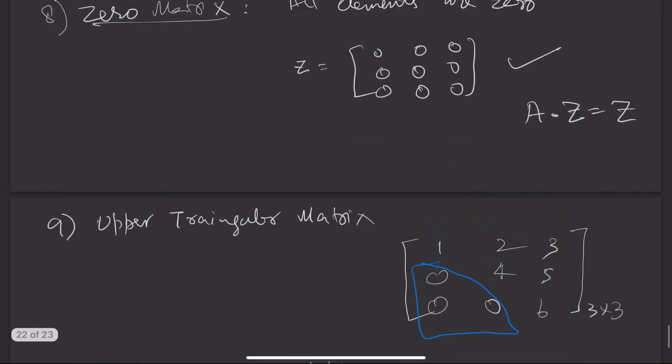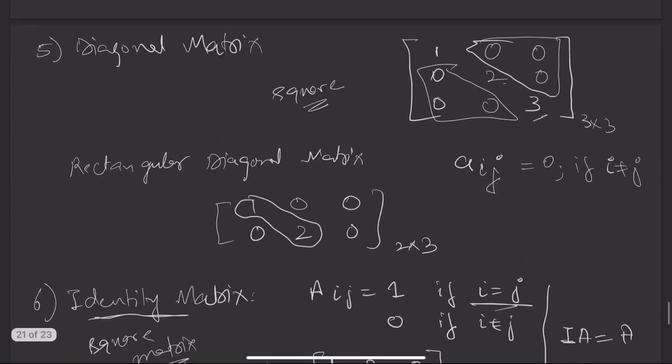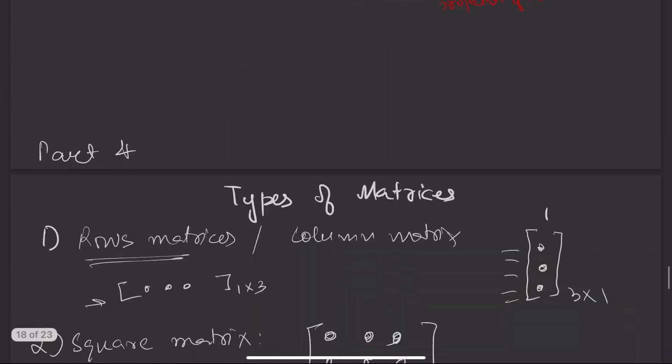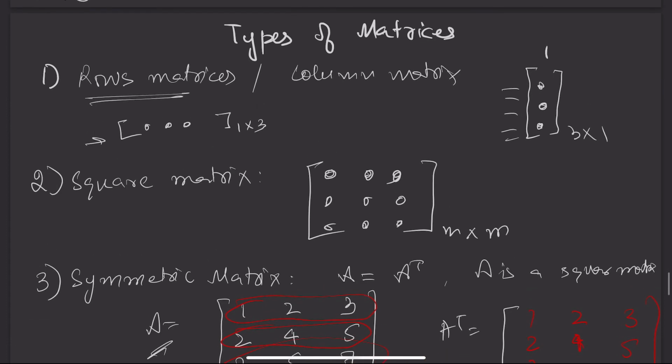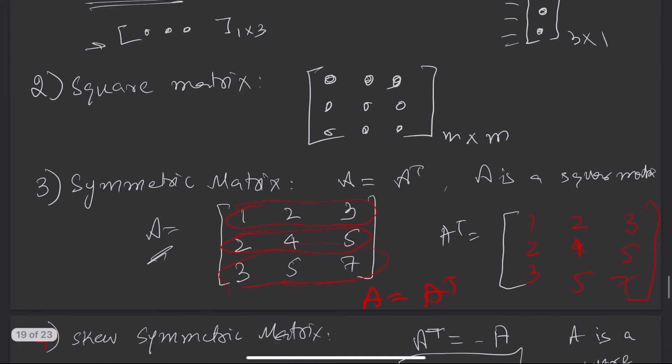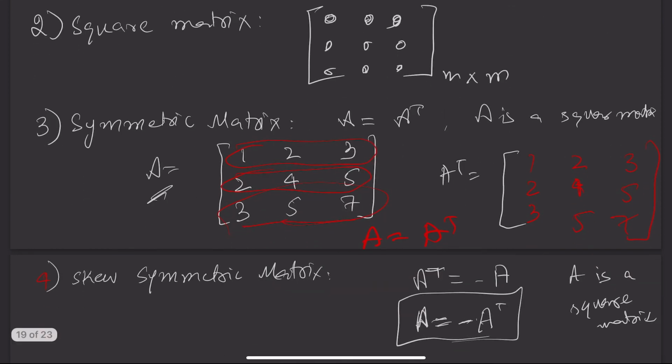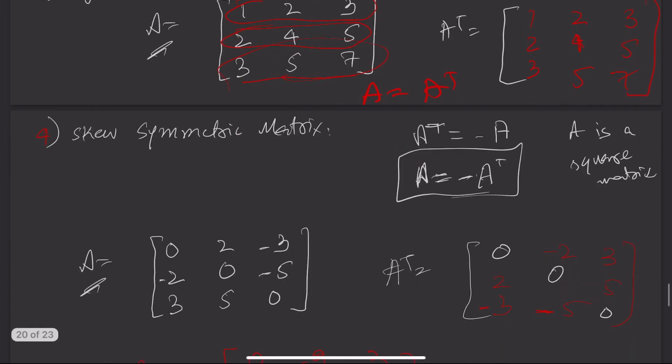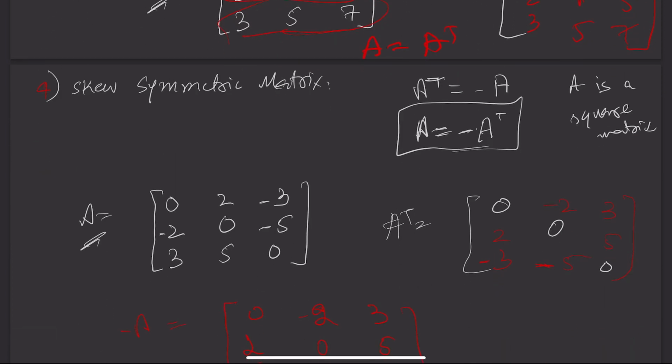So that's it. We have seen the 10 different types of matrices. Let me recall. The first one was the row and the column matrix, and then the square matrix, where the number of rows is equal to the number of columns. Symmetric matrices, where a matrix is equal to its own transpose, and skew symmetric matrix, where a matrix is equal to the negative of its transpose.